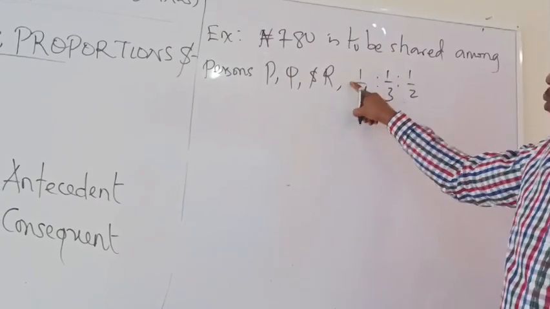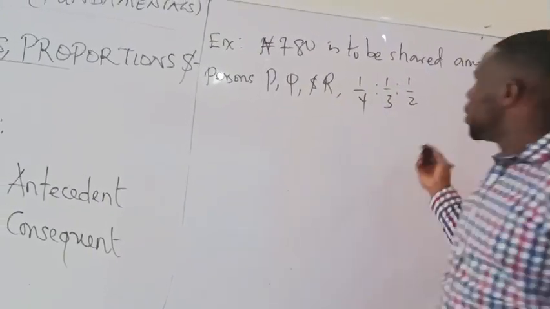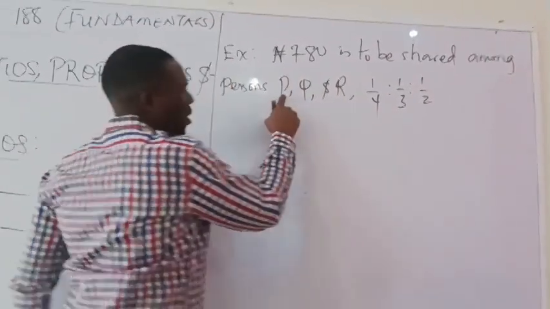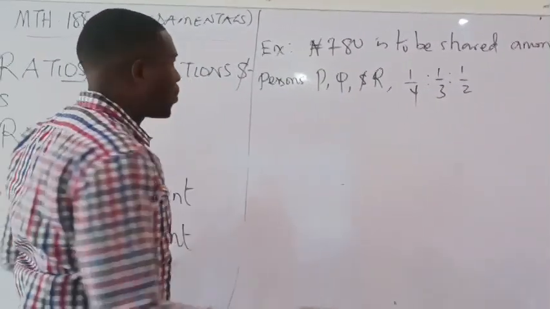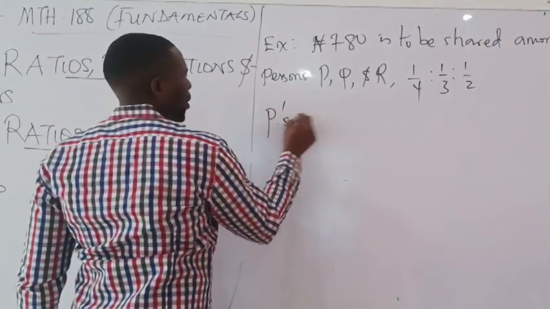This is the ratio 1/4 to 1/3 to a half. So the question is, what would P get? What would Q's share be? And what would person R's share be? Straight to the point. So P's share.